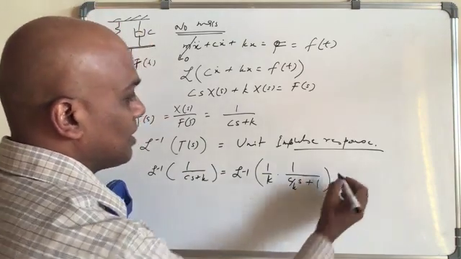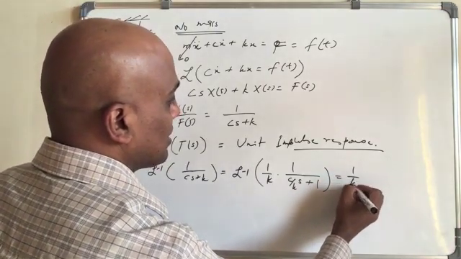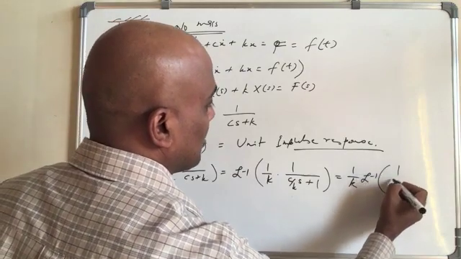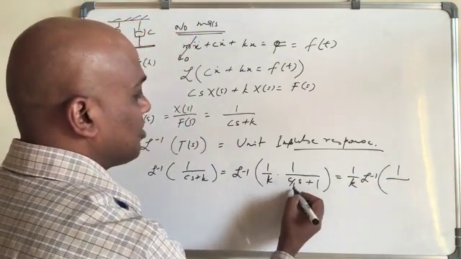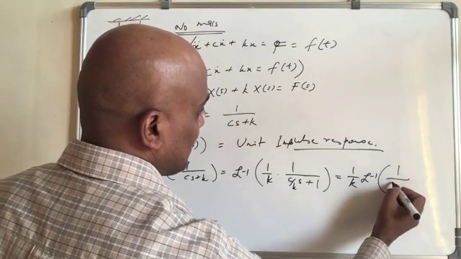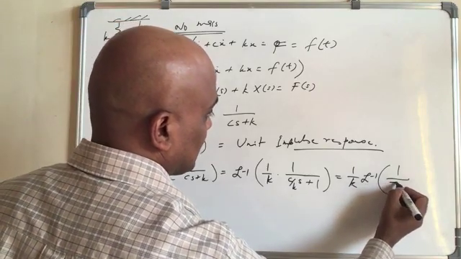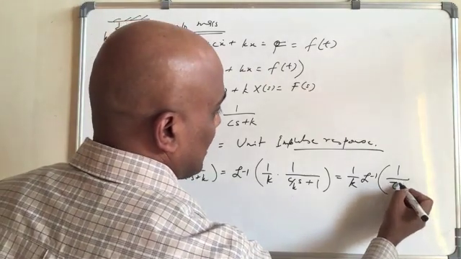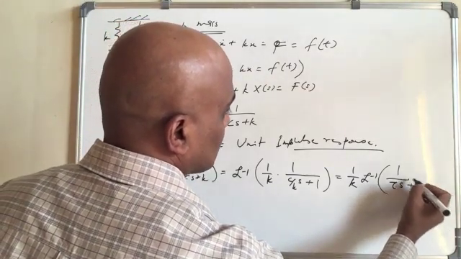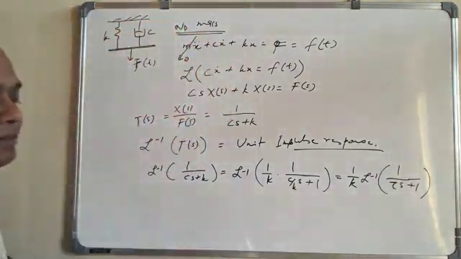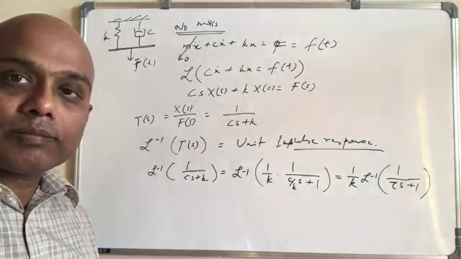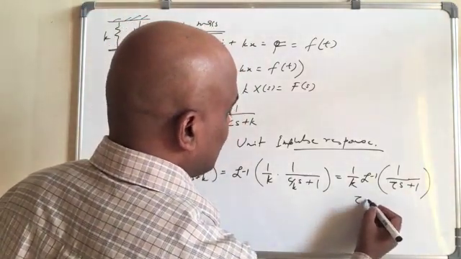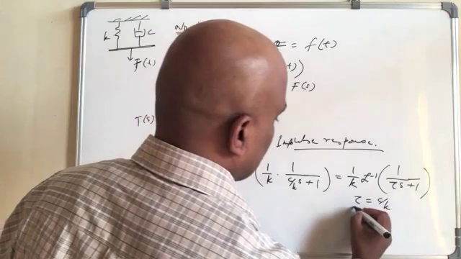So it becomes 1 over k times the inverse Laplace of 1 over tau s plus 1. Of course, here tau is equal to c over k. That's what we have done.